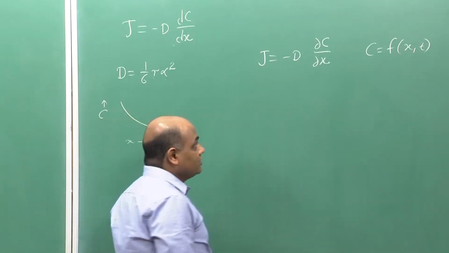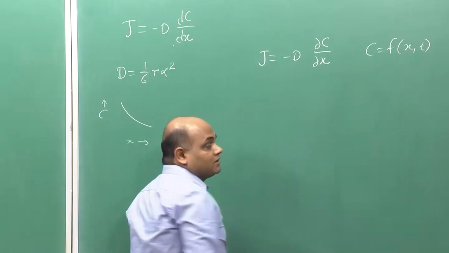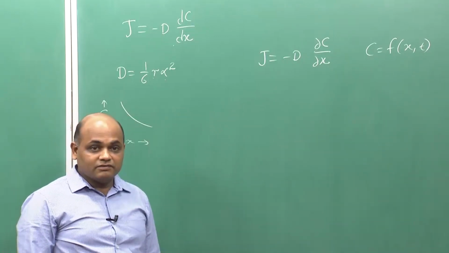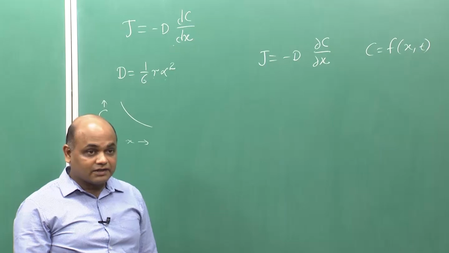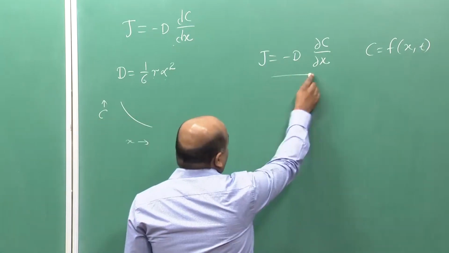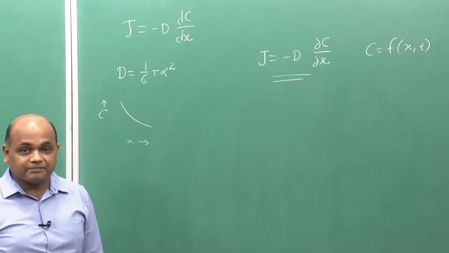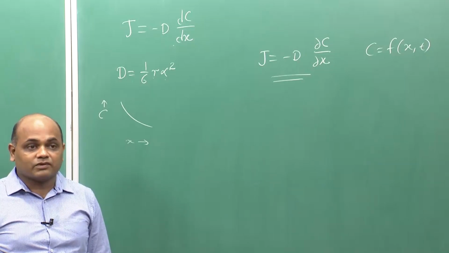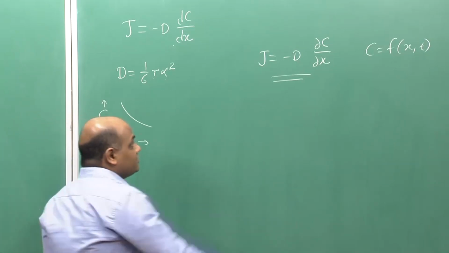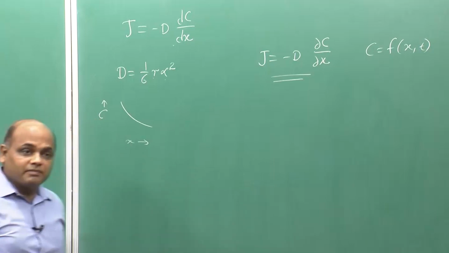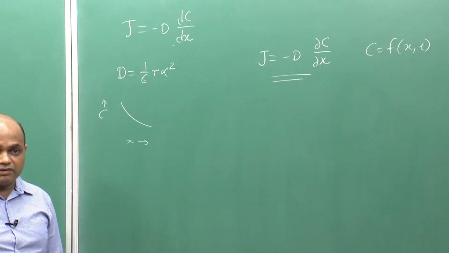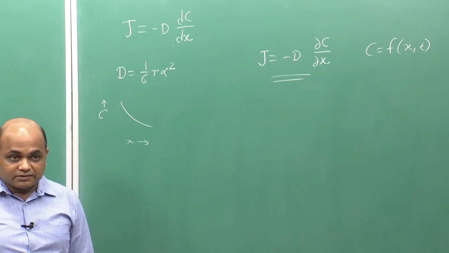How we take into account the parameter t, we will talk about in the next class, but right now keep this in mind. In fact, this is valid only for binary systems, diffusion of one component into the other. If we have a multi-component system, then we need to modify this expression, right.